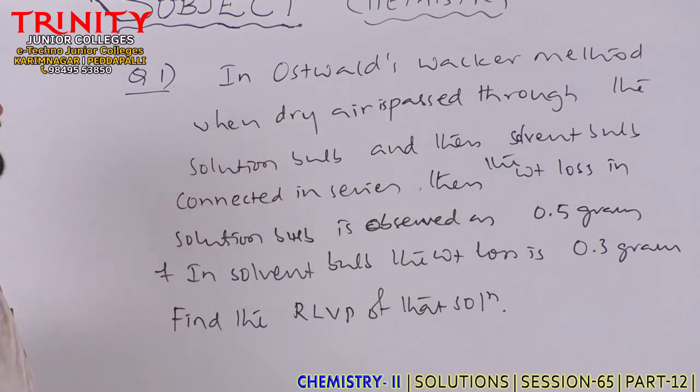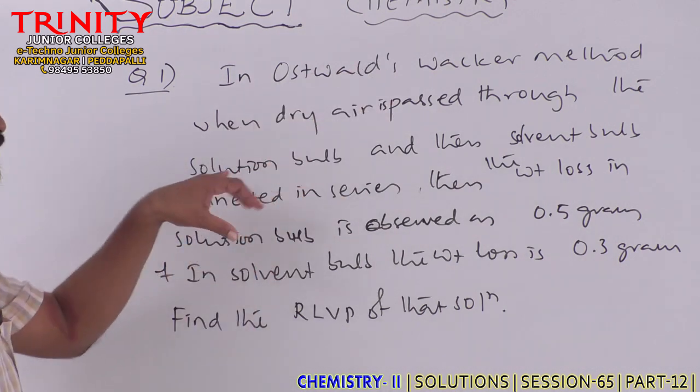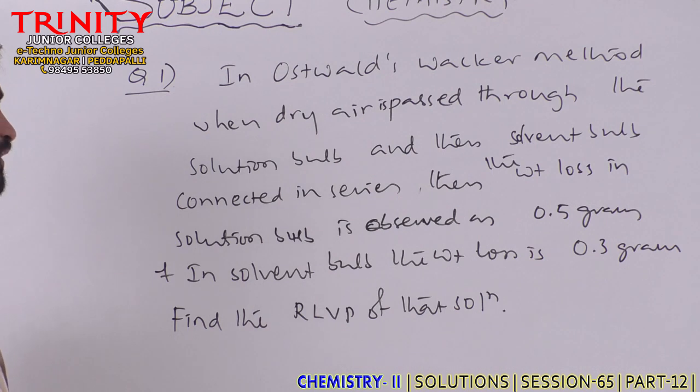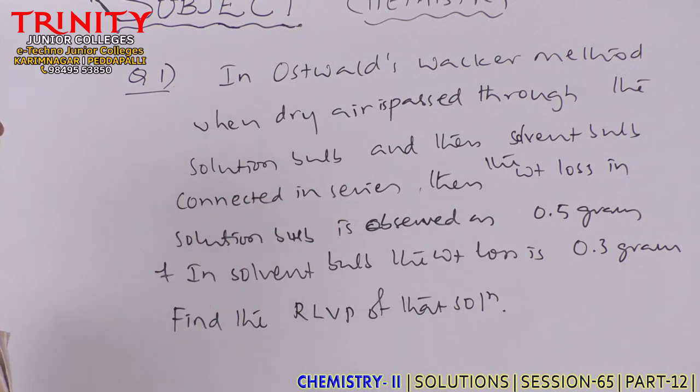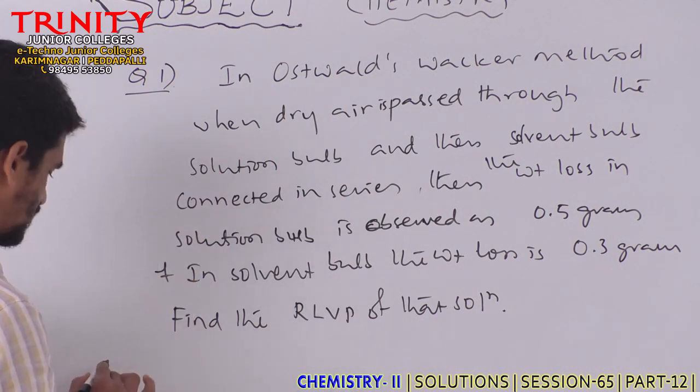So in Ostwald-Walker method, when dry air is passed through the solution bulb and the solvent bulb which are connected in series, then weight loss in solution bulb is observed as 0.5 grams, and in solvent bulb the weight loss is 0.3 grams. Find the RLVP of that solution. So this is a question.